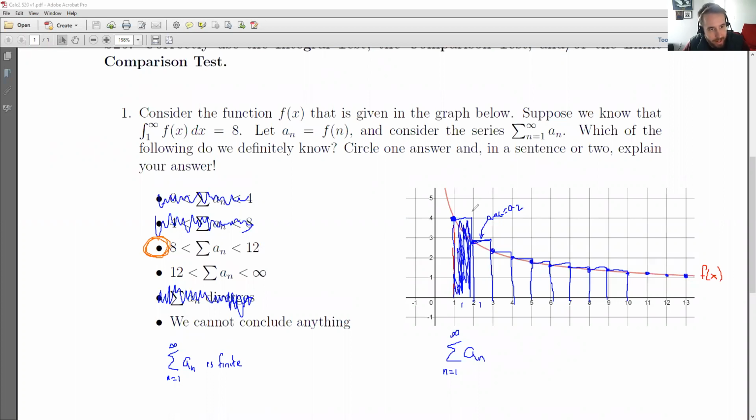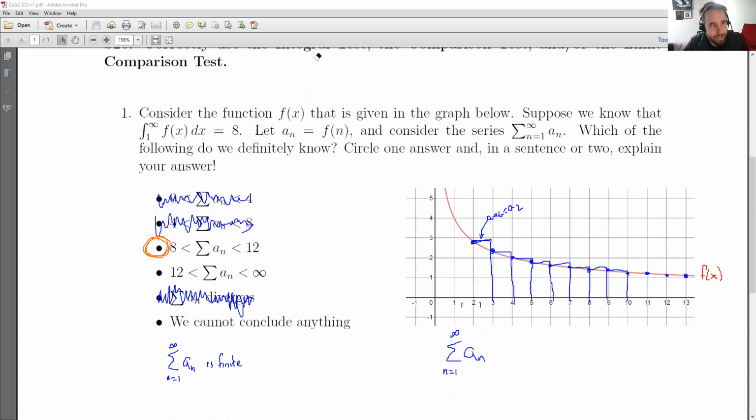So not only was this area equal to a sub 1, but this area was also equal to 4. So if I go ahead and erase that first element, and boop, I get rid of that.